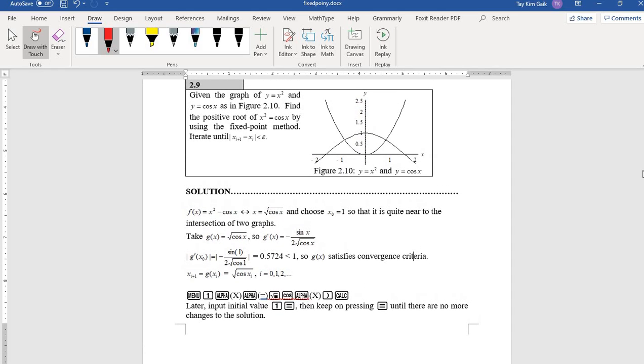We have the nonlinear equation f(x) equal to x squared minus cos x. To get a fixed point iteration method, you must make x the subject.